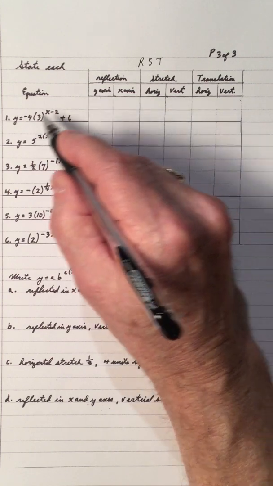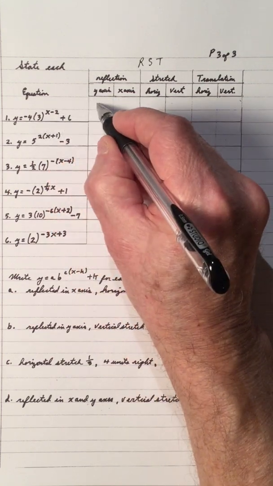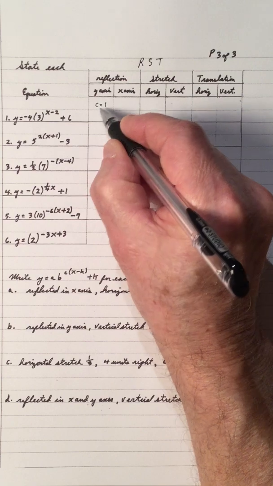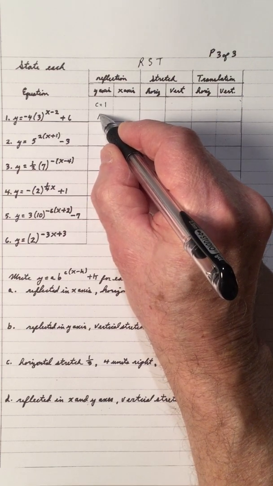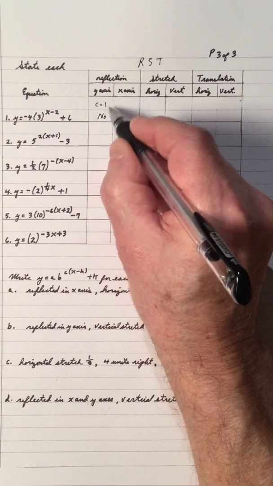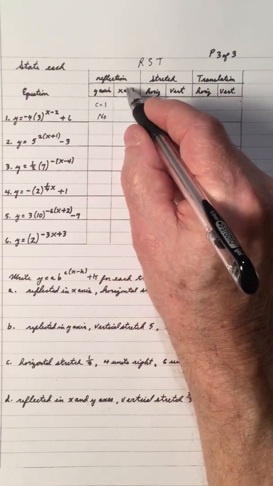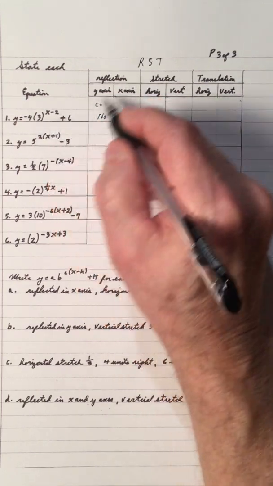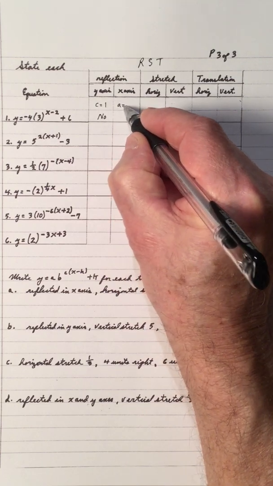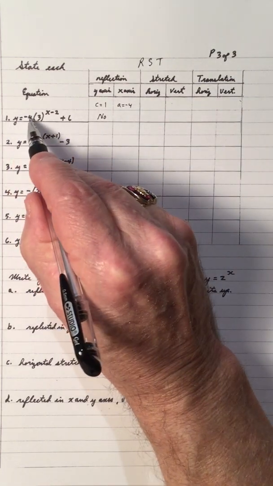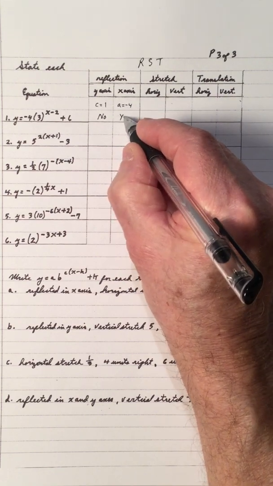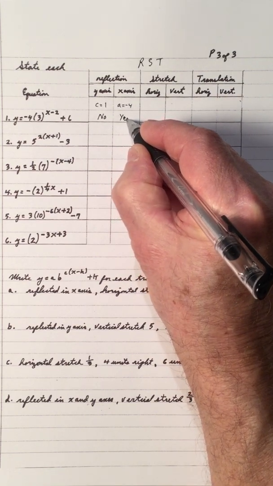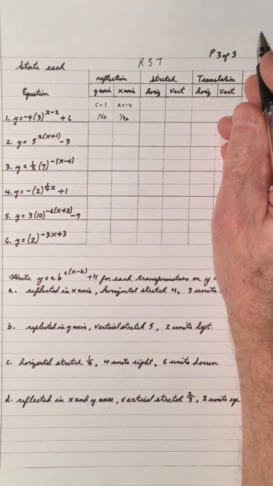The value of c right here is +1, which means there's no reflection in the y-axis. A reflection in the x-axis is when a is negative. Here a is -4, so there is a reflection in the x-axis.